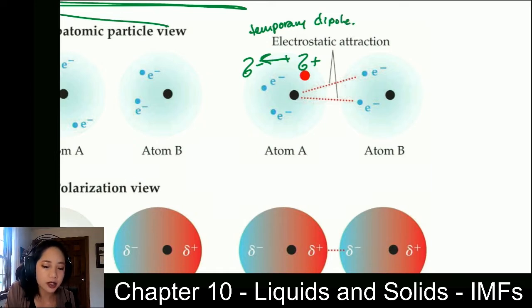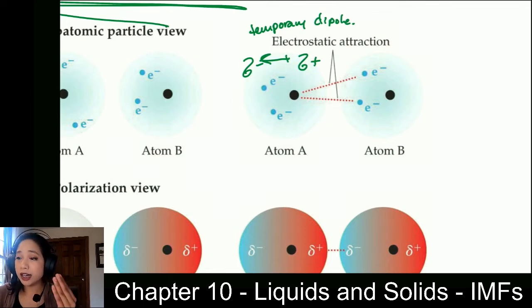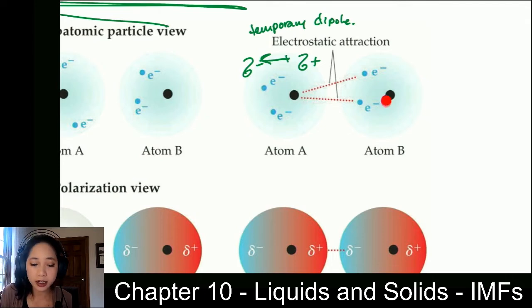And so now we have this temporary dipole in one atom, and what that will do is influence another temporary dipole in a neighboring atom. So we have this partially positive end of atom A, and if atom B is very close by, electrons, being negatively charged, will be attracted toward the partially positive side of that atom.